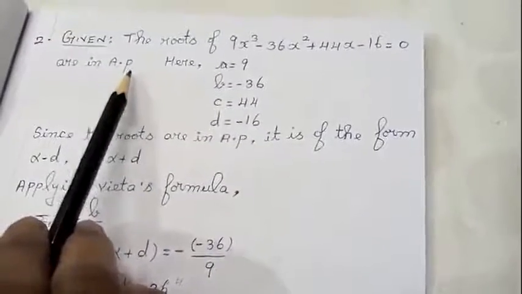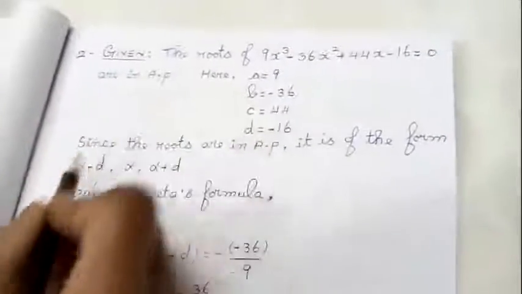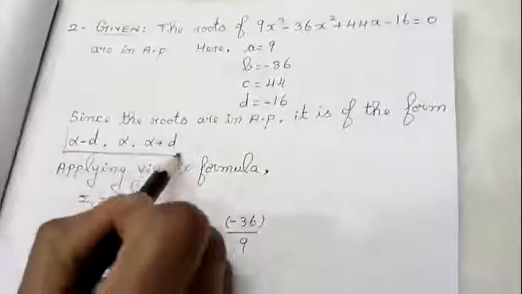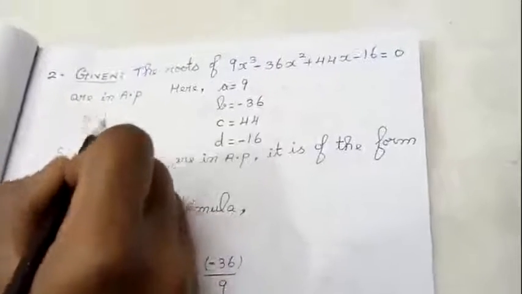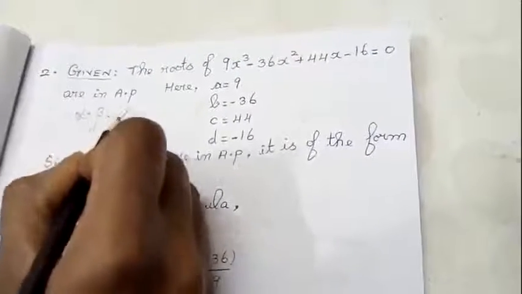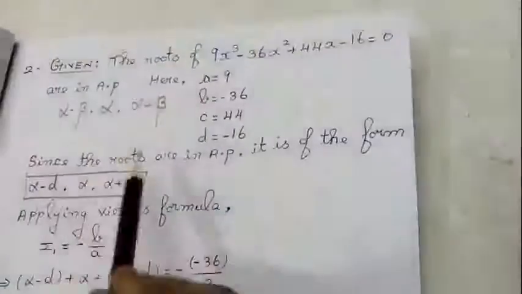Since it is in arithmetic progression, I am going to take the three roots as alpha minus d, alpha, alpha plus d. You could also take this as alpha minus beta, alpha, alpha plus beta; no problem.